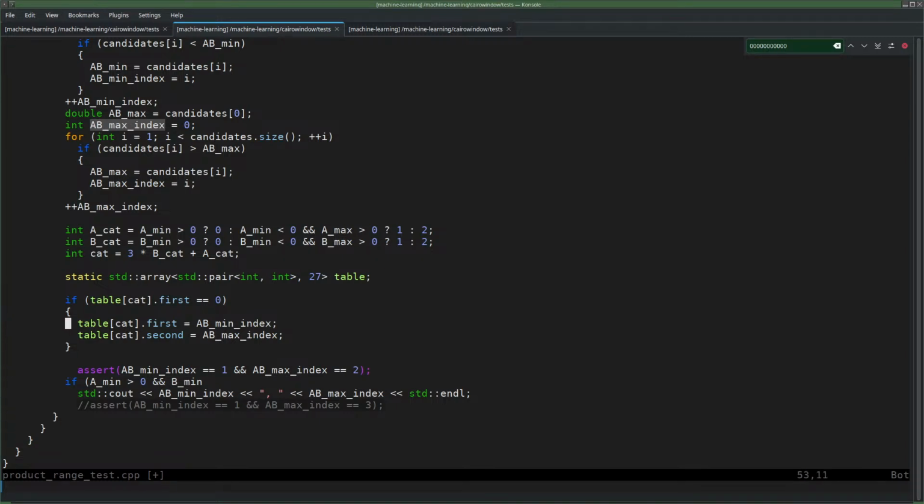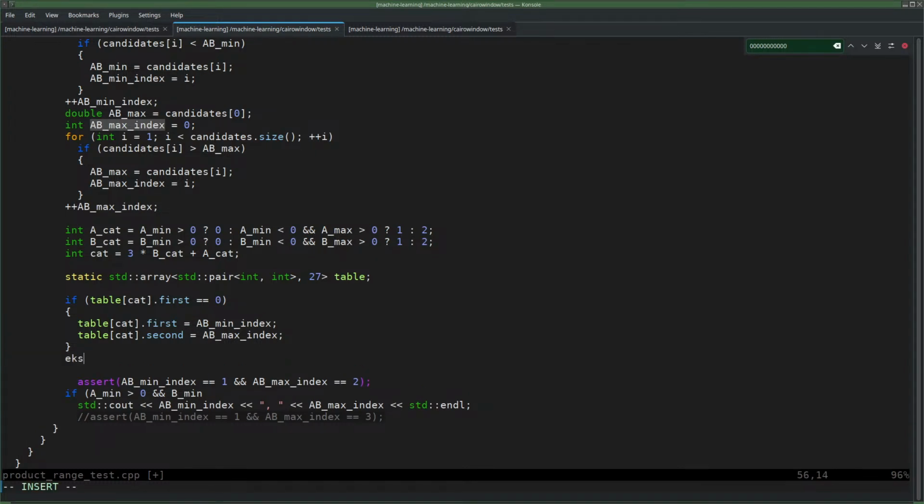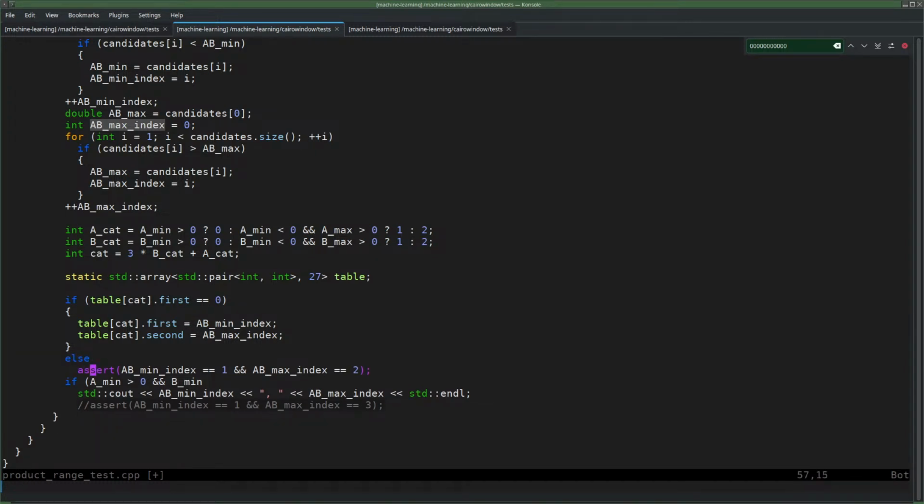So we store 1, 2, 4 here, and then the next time it is already initialized, and then we can do assert the min index must be equal to what we did store the last time.